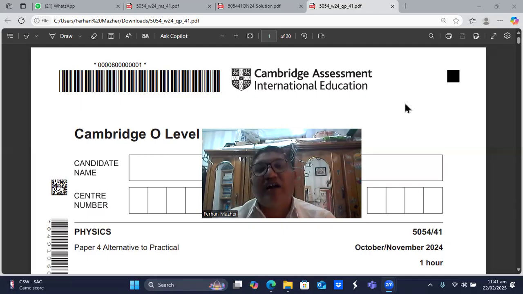I am just using this paper to show the solution. The solution is written by me. The marking scheme and the paper I'm using are from the Cambridge Assessment International Education. So this is their property, not mine. So all the credit for the paper and the marking scheme goes to the CAIE.